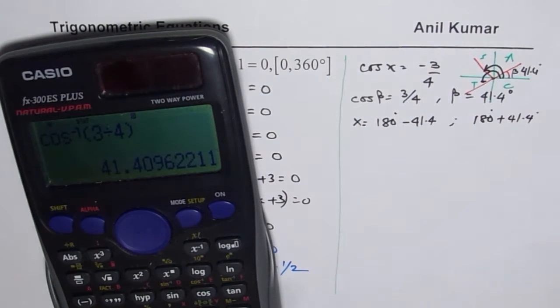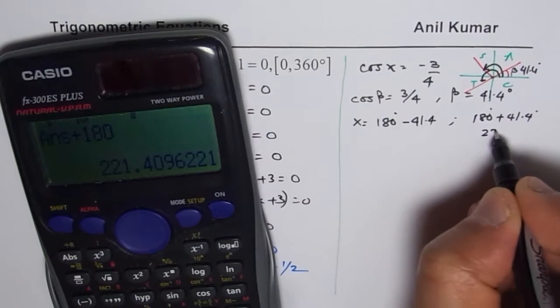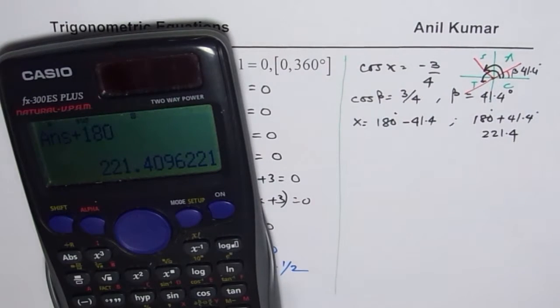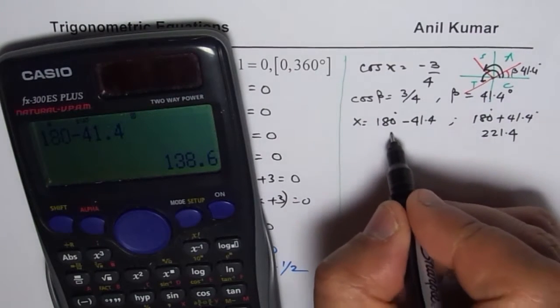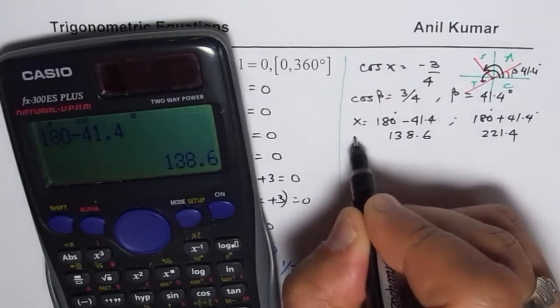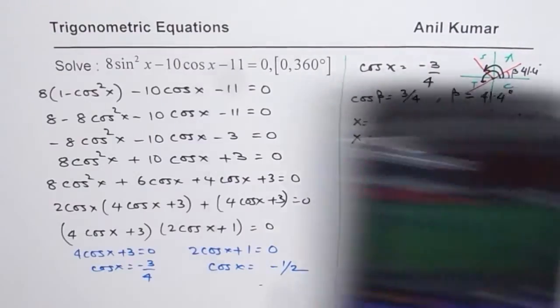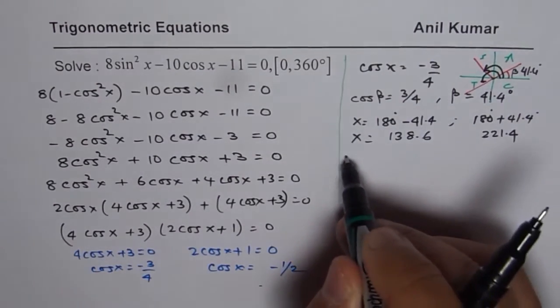So let's add 180 degrees to this. We get 221.4. 180 minus 41.4 will be 138.6. So these are the two x values from the first factor.